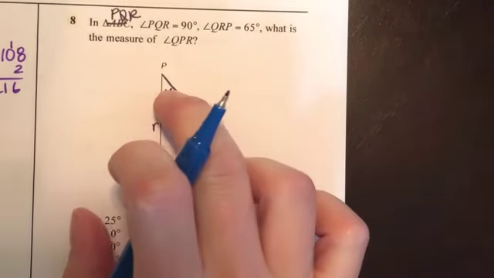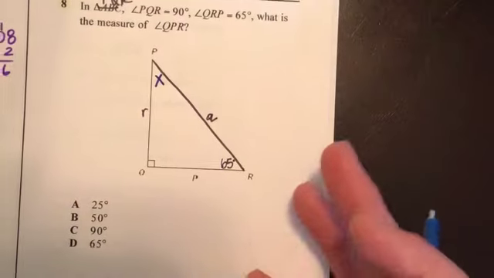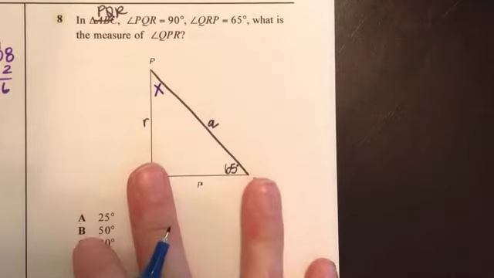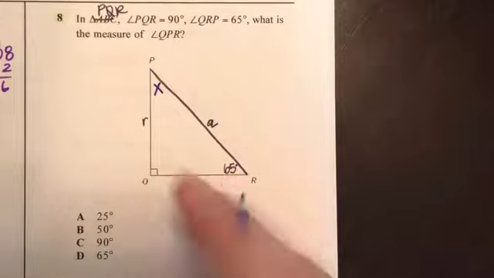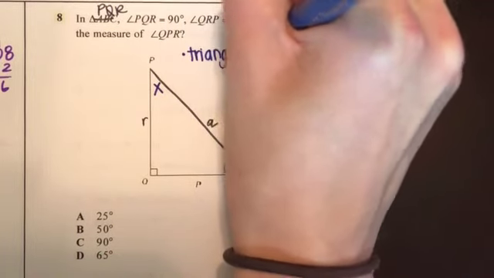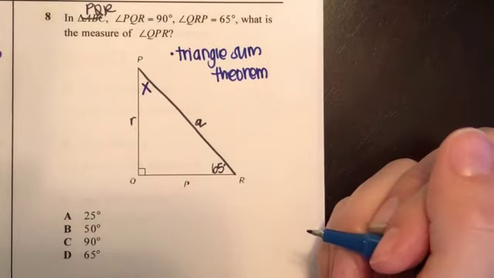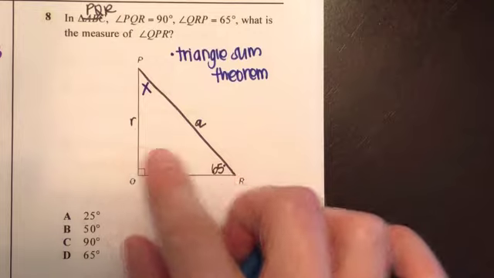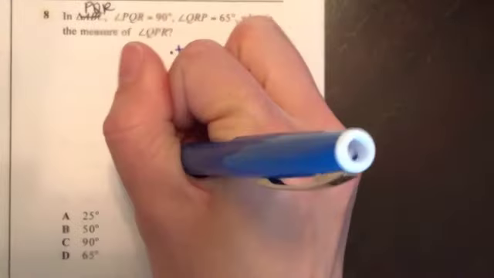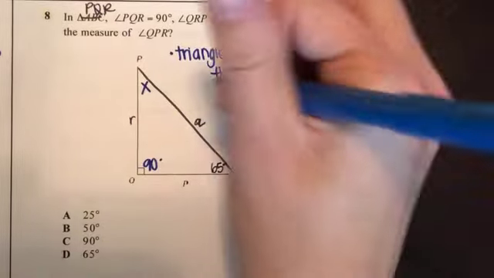And if we want to find that missing angle, there are ways we can do it using sine and cosine or tangent or trig functions, but we have an easier way to do this. You just need to remember the triangle sum theorem. The triangle sum theorem from geometry says that the angles in a triangle have to add up to 180 degrees. So since we know this one's 90 degrees and this is 65, we can find this if you just create an equation.